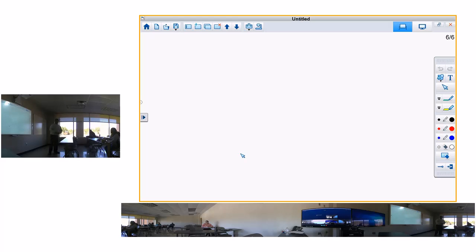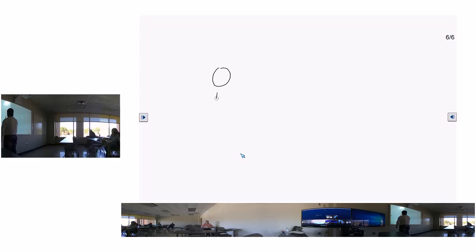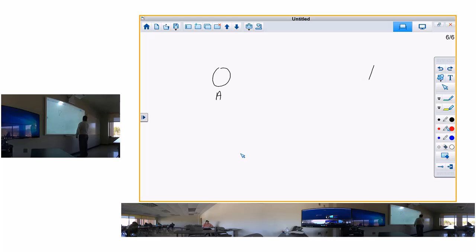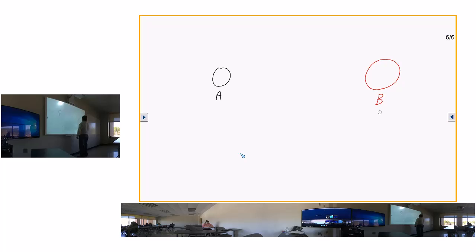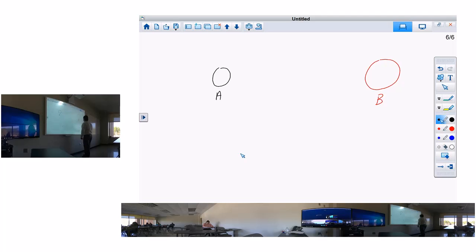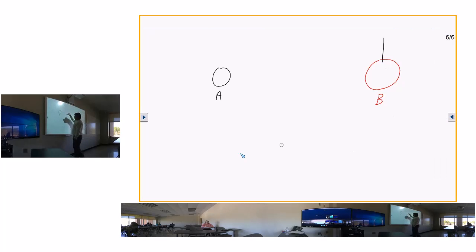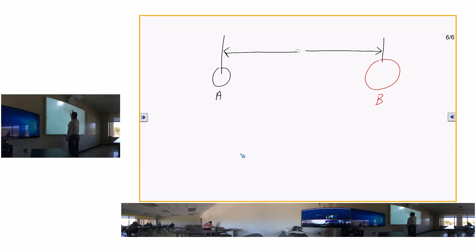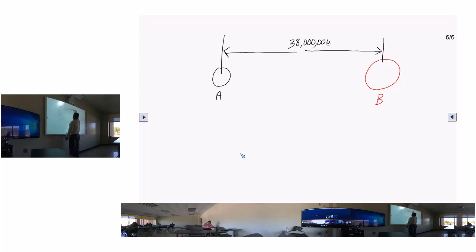Okay? So, let's say that this is planet A, and this is planet B. Make it red. And let's say the distance between the two is 38 million miles. I'm just making this up.